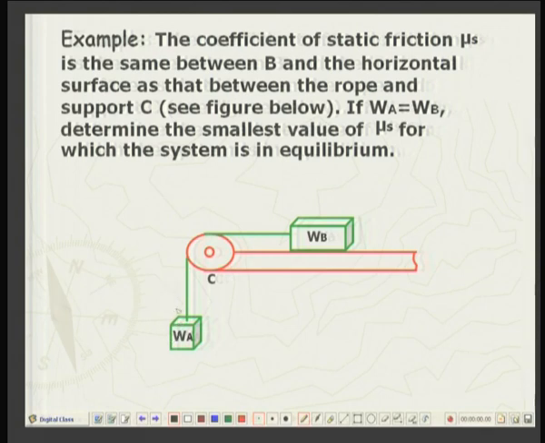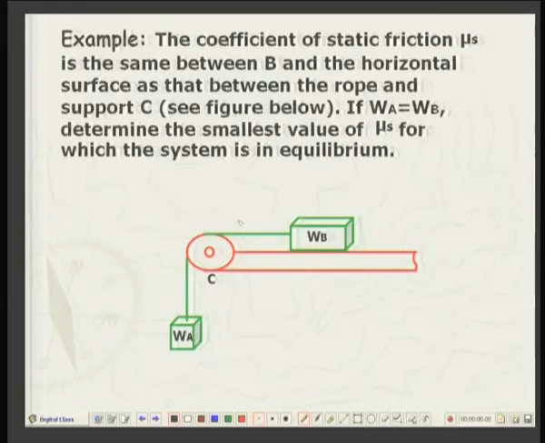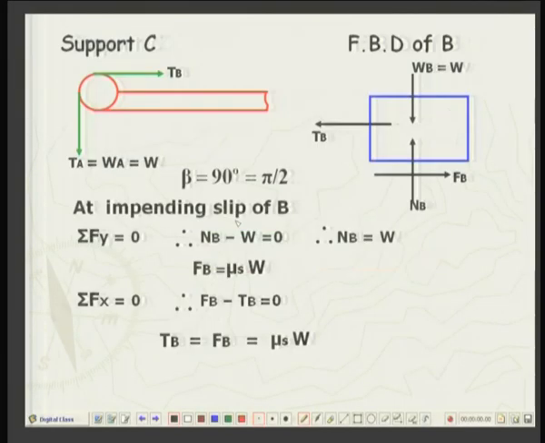So TA will be automatically equal to WA, and on this side let us say the tension is TB, so we can see a tension TB on this side, okay, and this we will calculate from the free body diagram of the block B. Now, the angle of wrap, first we will take up this support C, the forces around the support C. So the angle of wrap here is pi by 2.